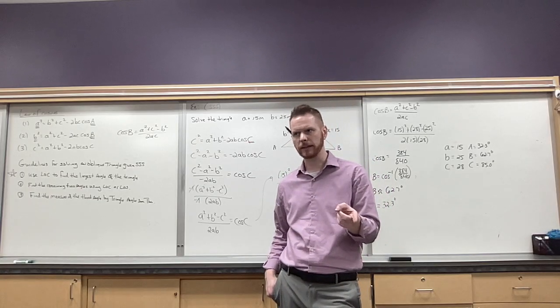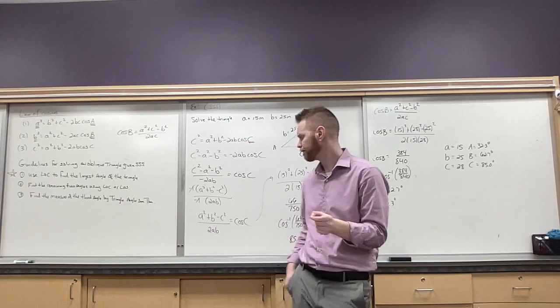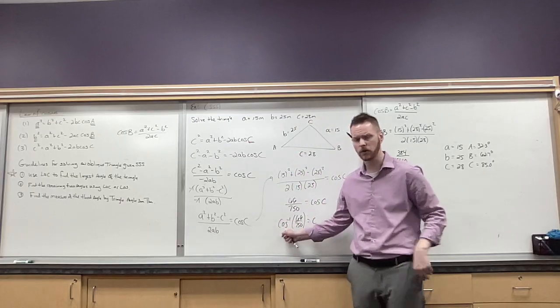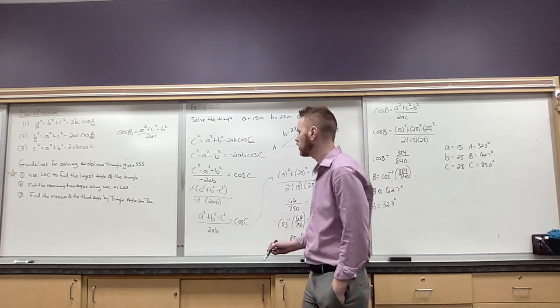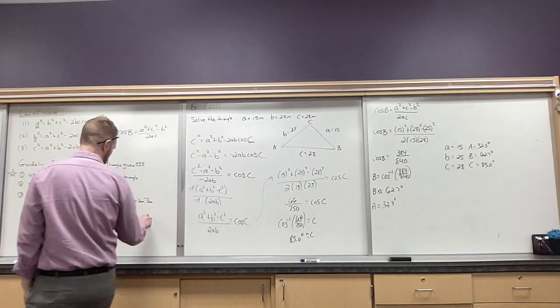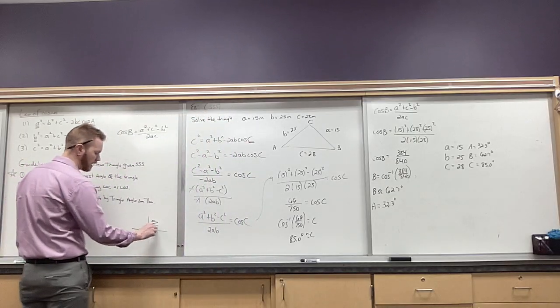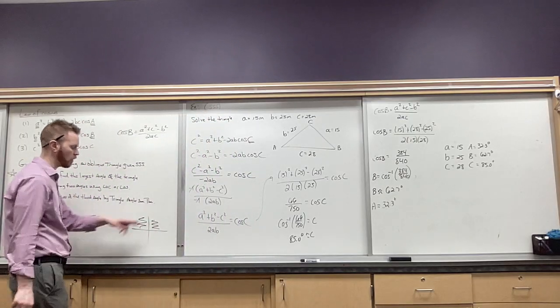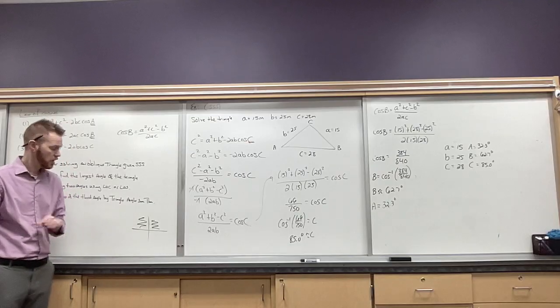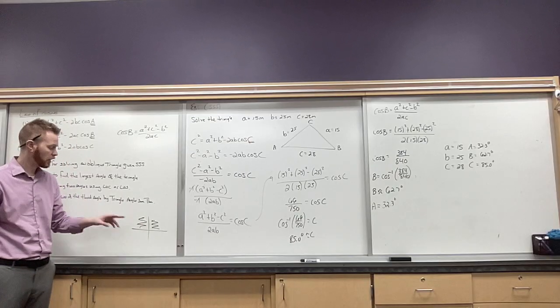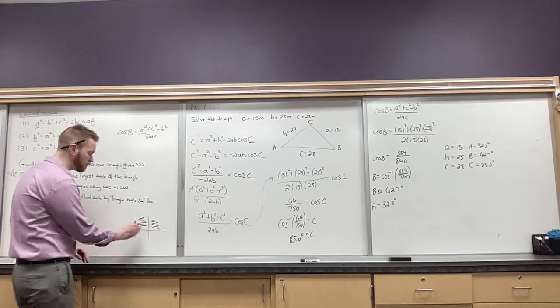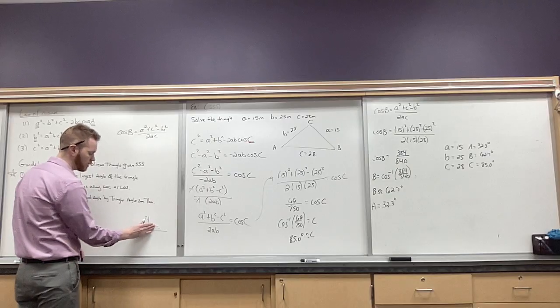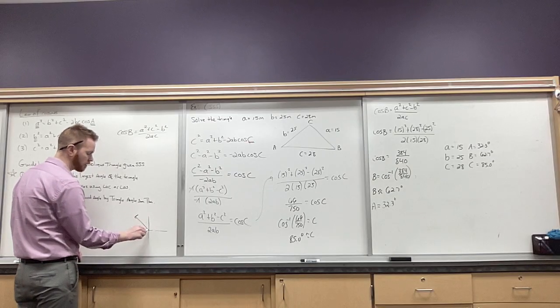But more importantly, cosine, the inverse of cosine, if you recall, I'll draw a picture here. The inverse of cosine gives you an angle measurement in quadrant 1 or quadrant 2. And that's a good thing because in quadrant 2, you could have obtuse angles, right? So let's say the angle is 120 degrees.